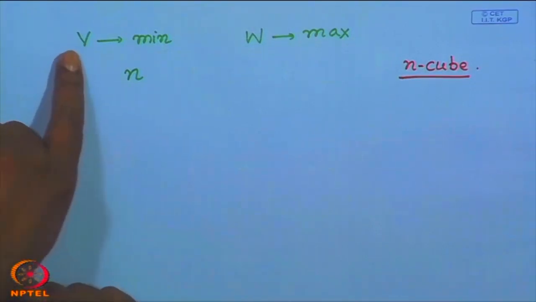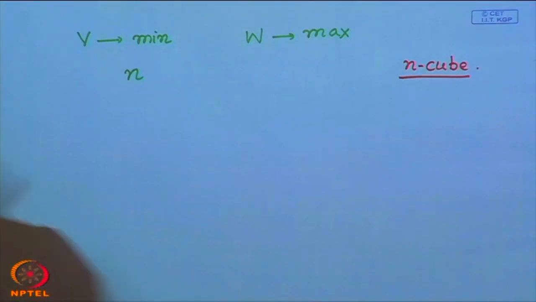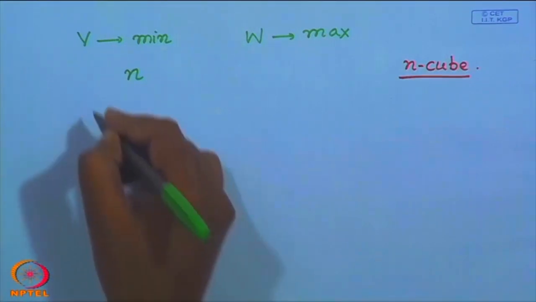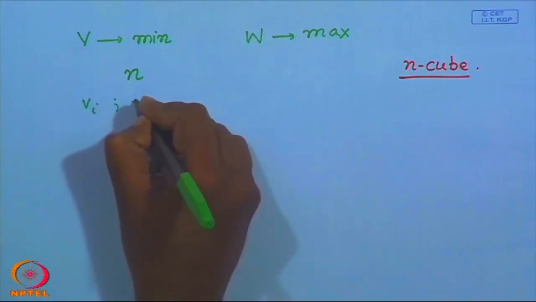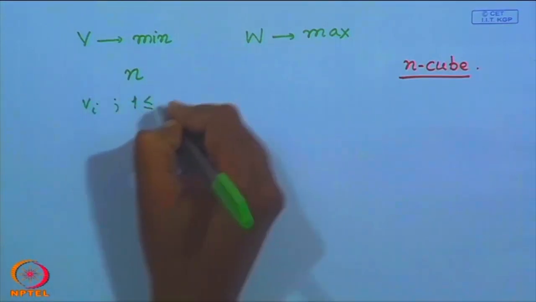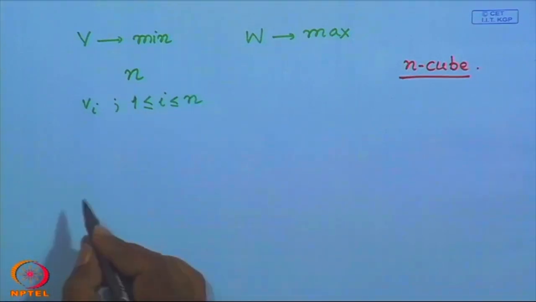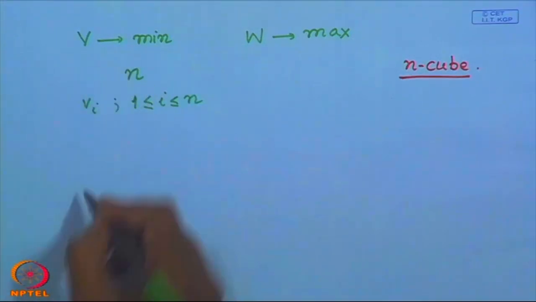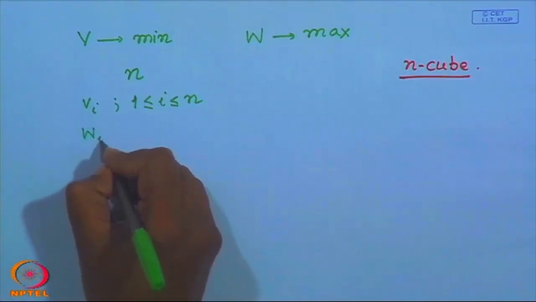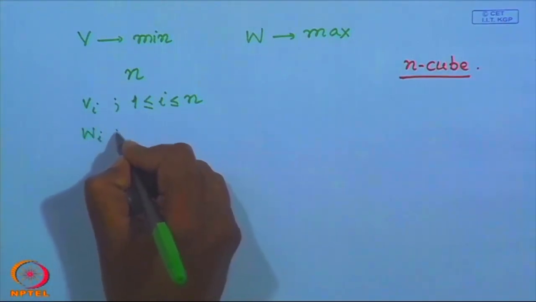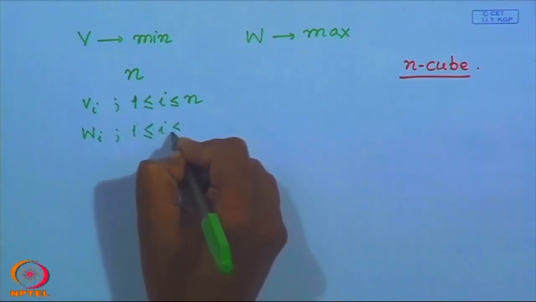Accordingly, this mean point V will have n components, V I for 1 less than or equal to I less than or equal to n, the different coordinates of the mean point. Similarly, for the max point, I will have different coordinates given by W I, where 1 less than or equal to I less than or equal to n.